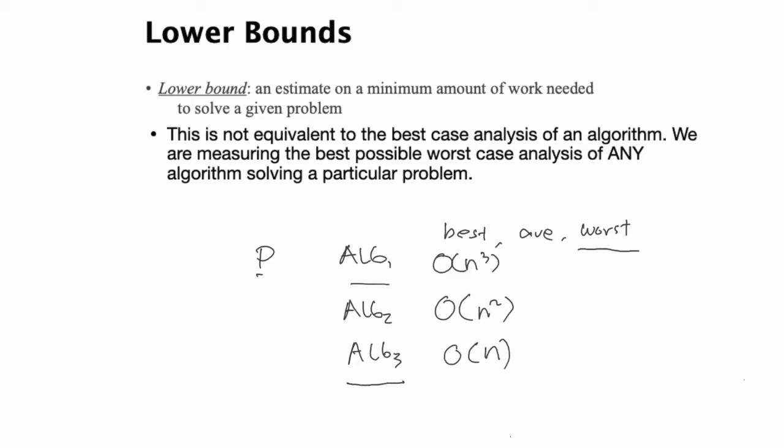However, we may ask whether we can still improve this. This can be answered by statements of the form: Omega of f of n is the minimum amount of work needed to solve P. This is called the lower bound argument for problem P.